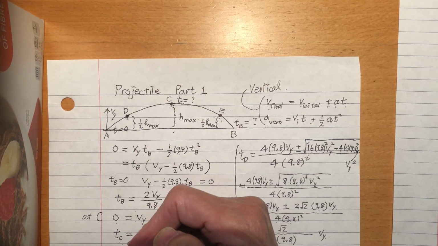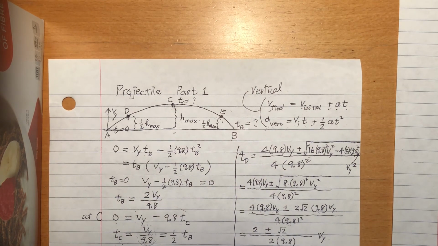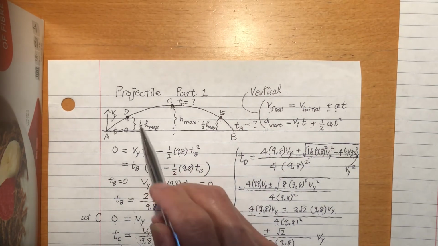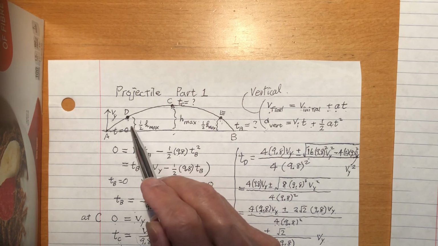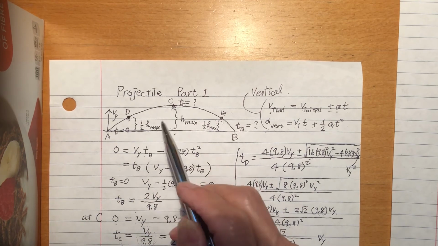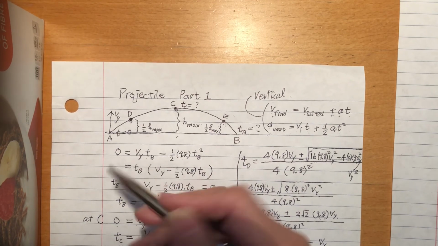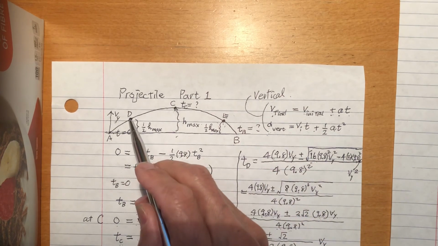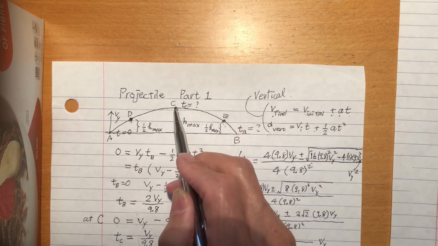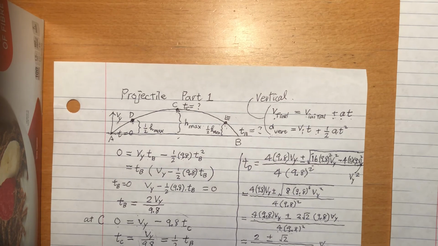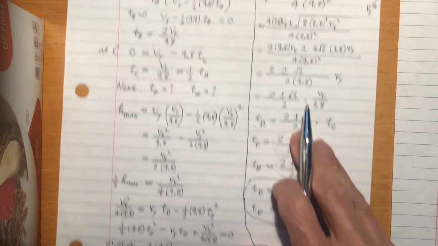So one of my students said, this is half the maximum height. This is maximum height. So one of my students said, he just assumed the time to reach here is half the time to reach here. That is not right. You see, it's so clear.